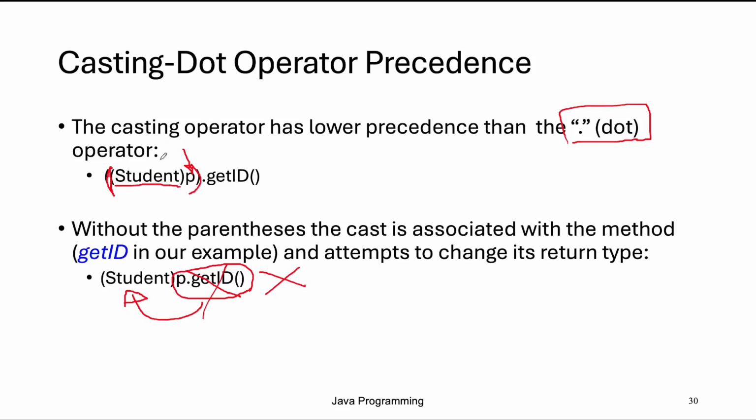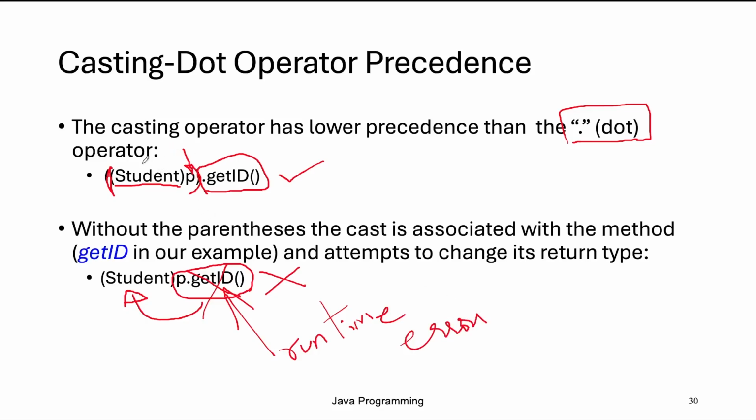Once the object is converted into the Student class, use the function of the Student class for execution. This way you have to do it. If you write like this, you may get runtime errors. So please keep that in mind. Always first do the typecasting of objects and then call the functions or variable names.